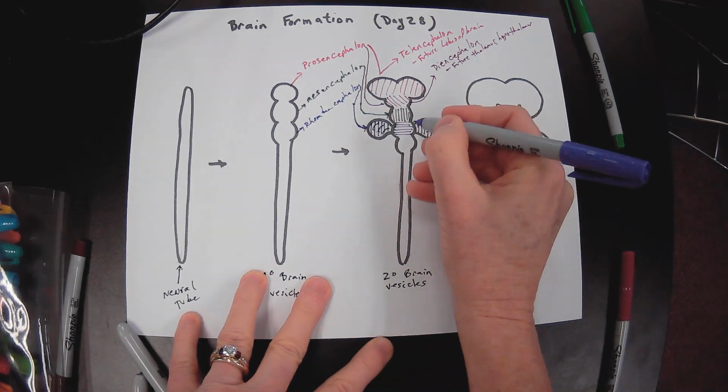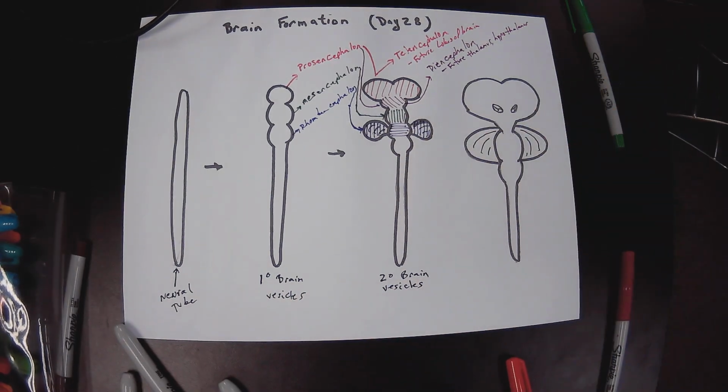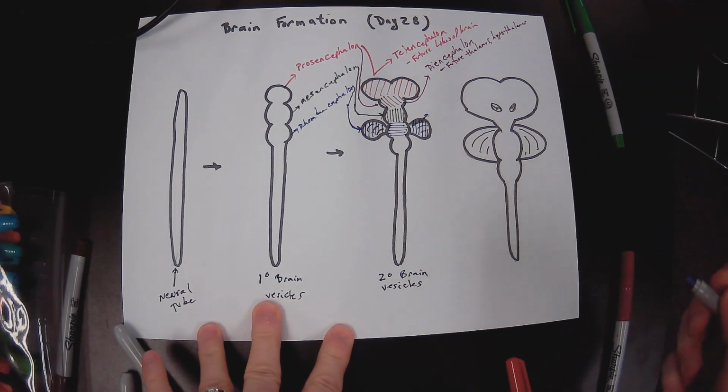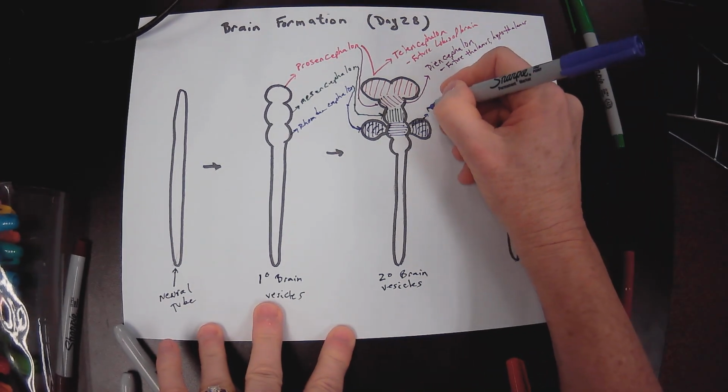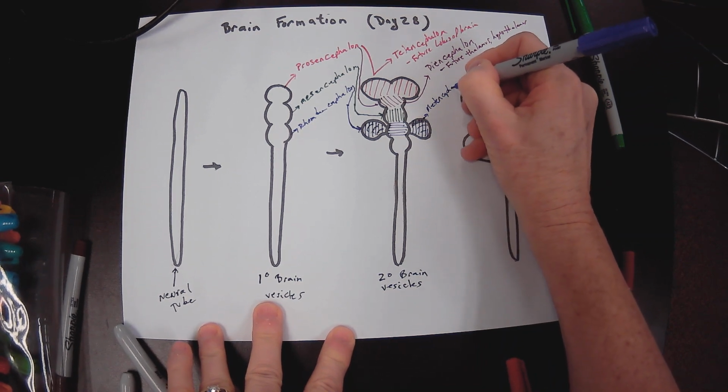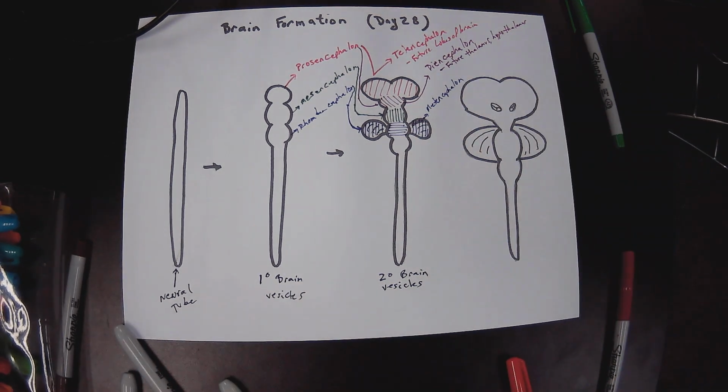So your rhombencephalon splits into what I've labeled as the purple there, and this is now known as your metencephalon, M-E-T-E-N. Your metencephalon.